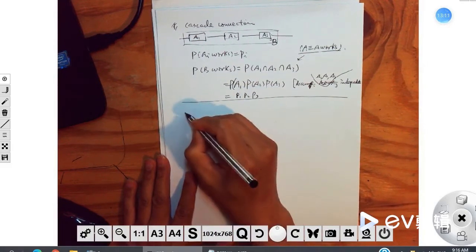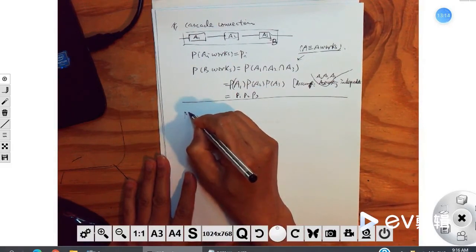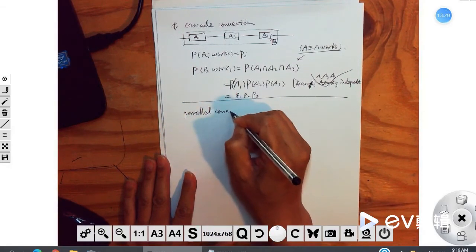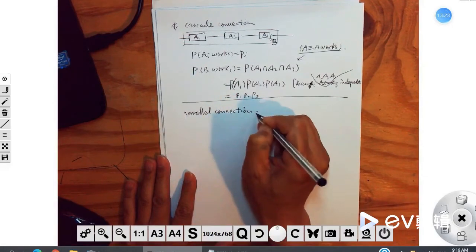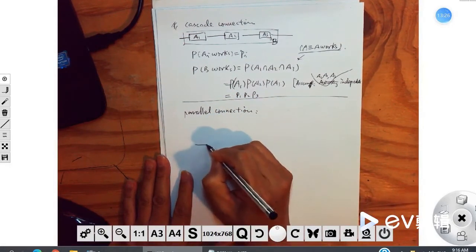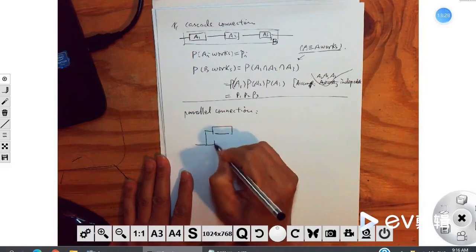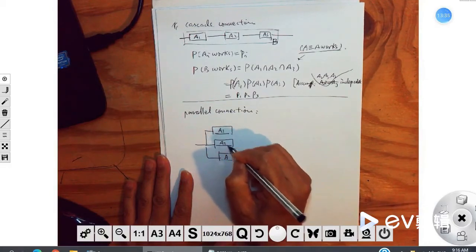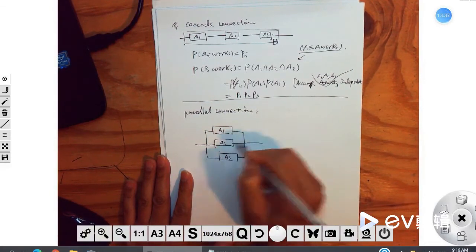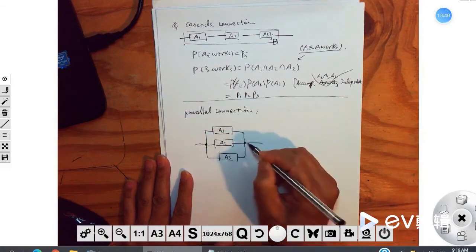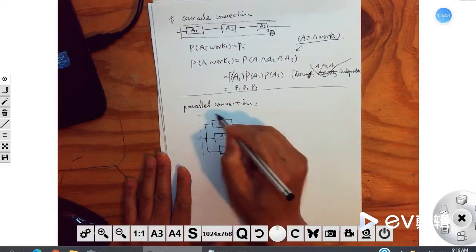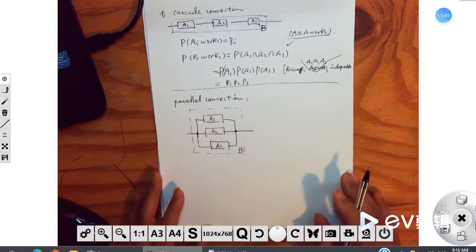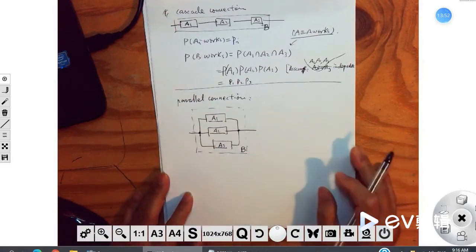Okay. And for the parallel connection, it looks like this. I put 3 here. Maybe you have more. Right? A1, A2, A3. Look at this. And suppose the whole thing, I still use B to denote the whole process or whole machine or something.